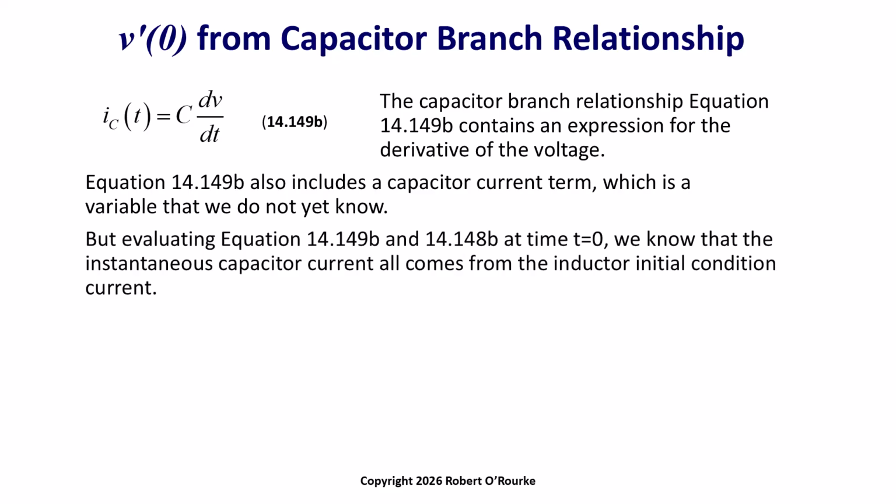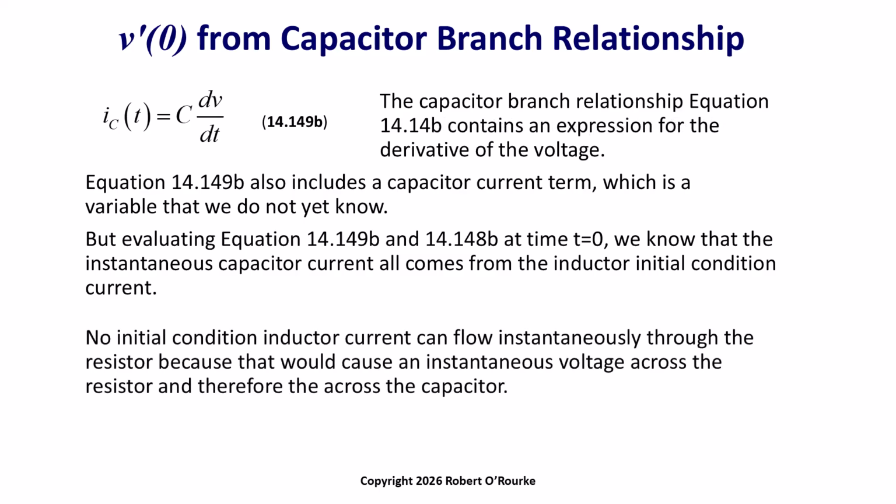Better yet, we know that the capacitor instantaneous current at time 0 will exactly equal negative the initial condition inductor current, which is something we know. How do we know this for certain? There is no other place the instantaneous inductor initial condition current can go at time zero.